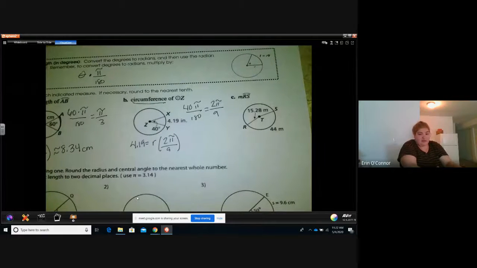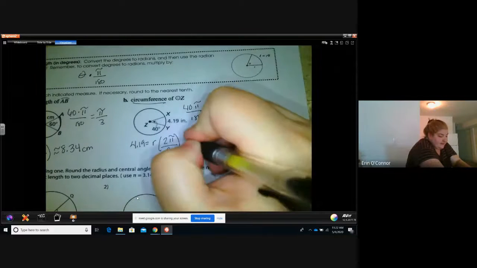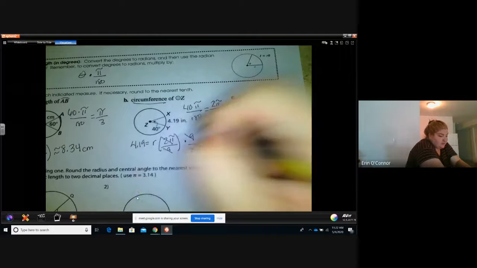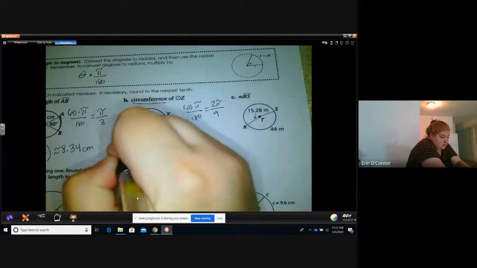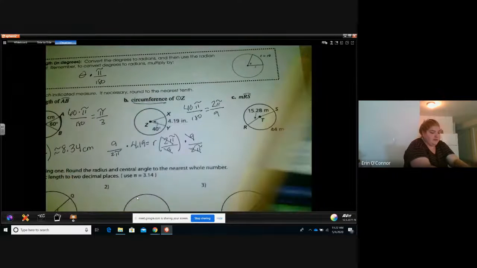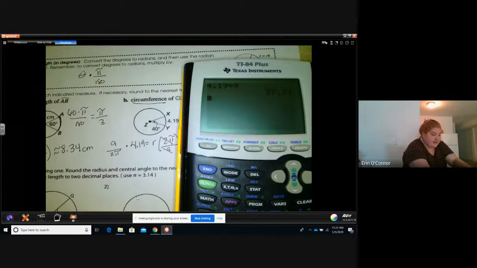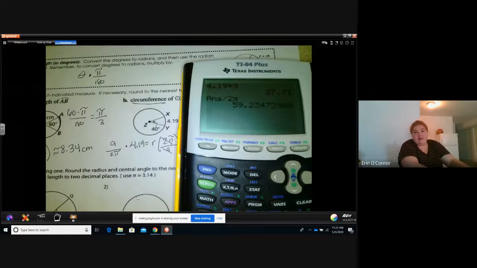So we're going to divide both sides by 2 pi over 9 or multiply by the reciprocal. So 4.19 times 9, and then we're going to divide by 2 pi, and we get 59.23.